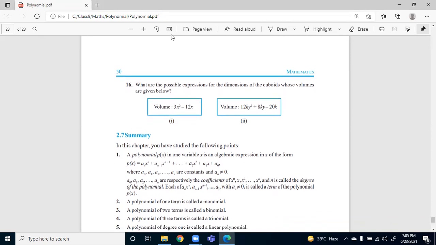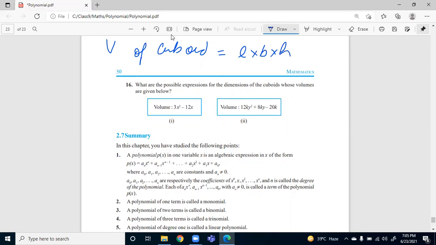No problem. So see, the volume of a cuboid is equal to length into breadth into height. That is told by Divyansh. Length into breadth into height.